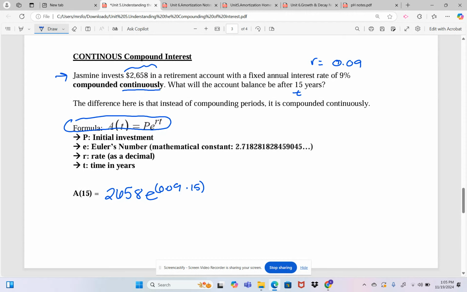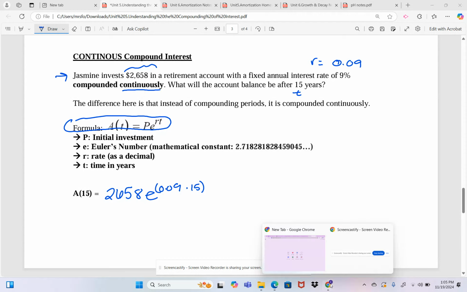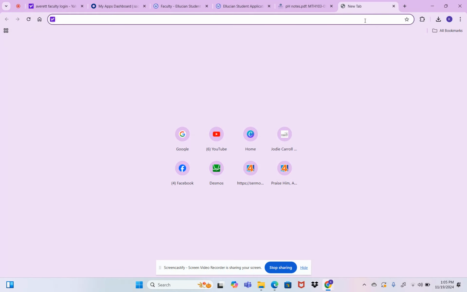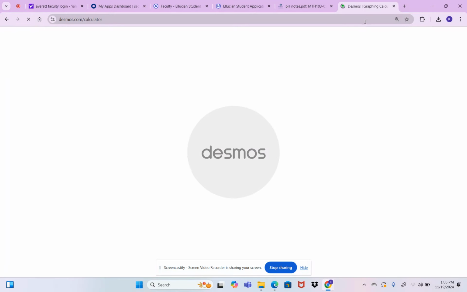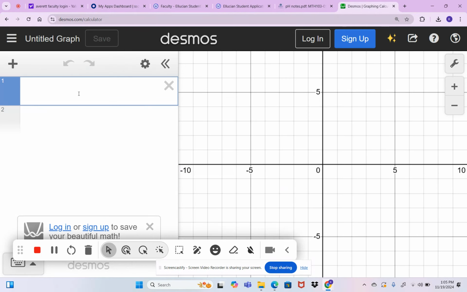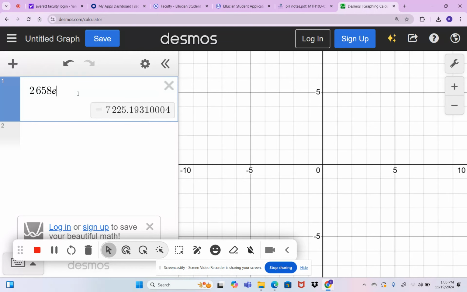So now you would type this in. I'm going to try to pull up Desmos, and we can look at how we would type this in. We would have 2,658, and you just type in the letter E, and it'll do that for you.